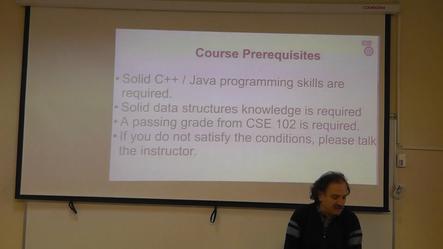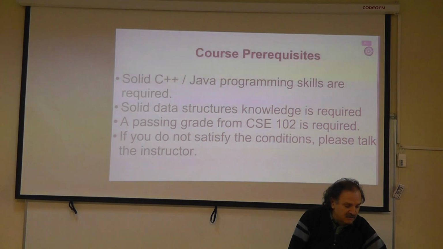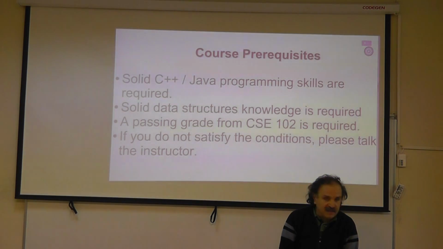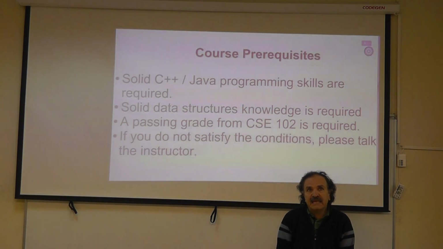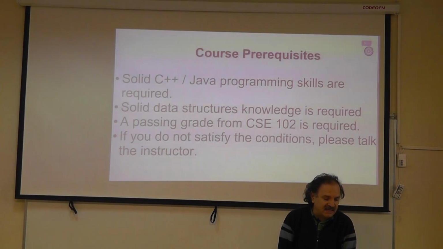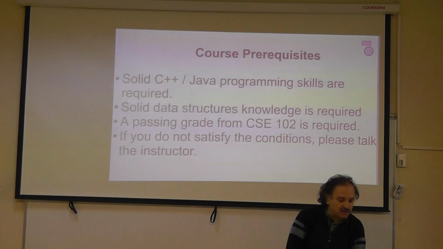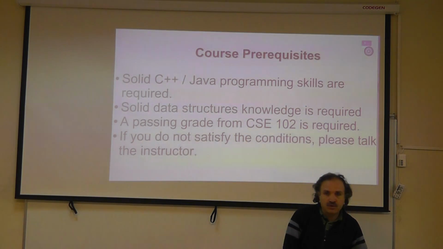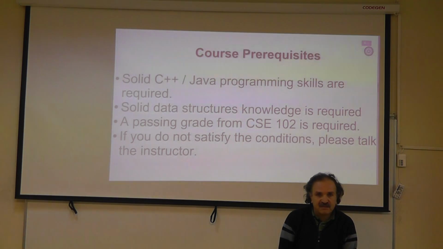But if you are an undergraduate student, I don't suggest you take this class because it will be very difficult. And don't try to get a passing grade from this class like a CC or DC or DD, that kind of stuff, because this is a very important course. Operating system, every computer engineer should know detailed operating system concepts, what it is, why we are using it, how we design it.